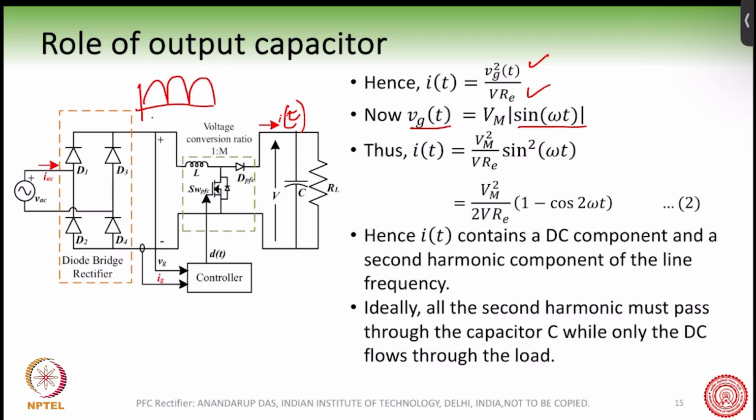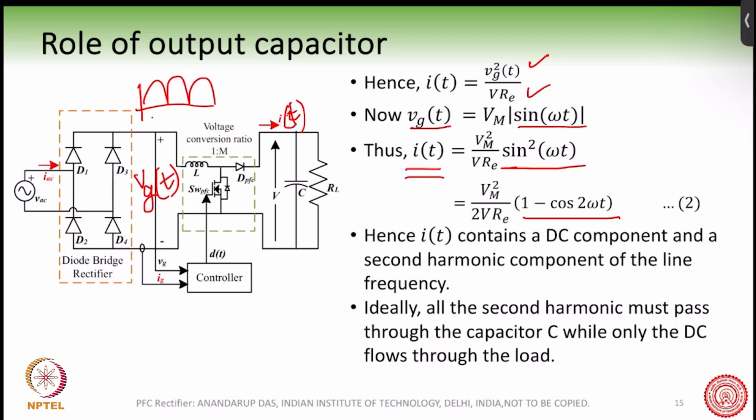So this is Vm sine omega t. Therefore, this IT will be equal to Vm squared by RE into sine square omega t, which will be equal to Vm squared by 2 VRE into 1 minus cos 2 omega t.